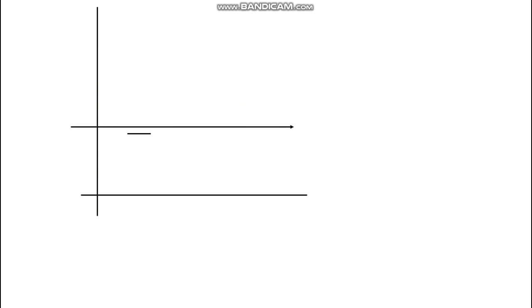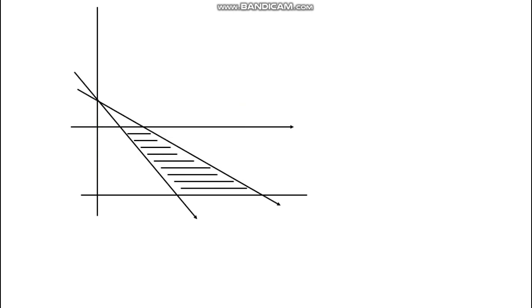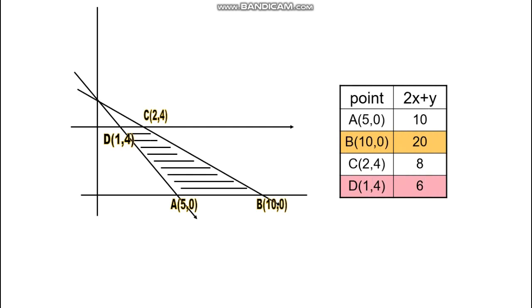If we have a linear system like in the previous slide, we can get the solution area from graphing the linear system.